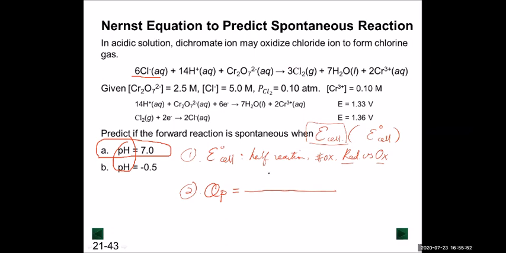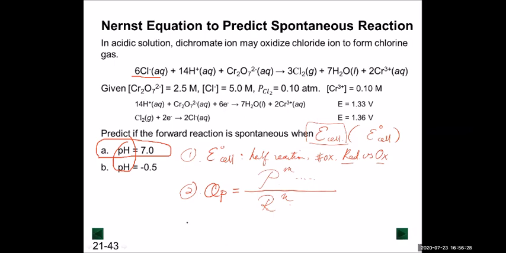Okay, so those are the products, divided by the reactant. And your reactants are chloride ion, proton, and dichromate ions, each one of them concentration raised to the power of the coefficient. So that way you find the reaction quotient.